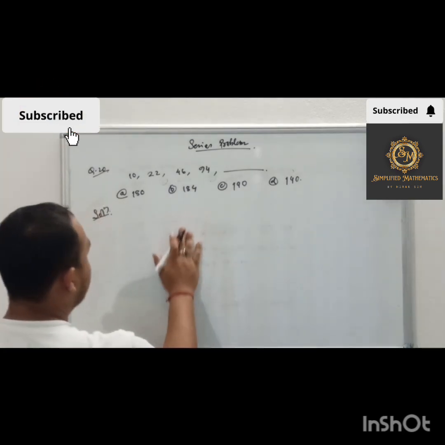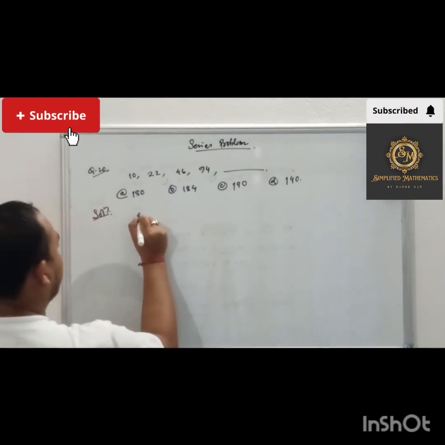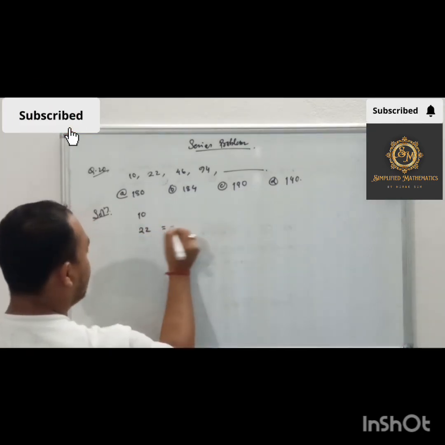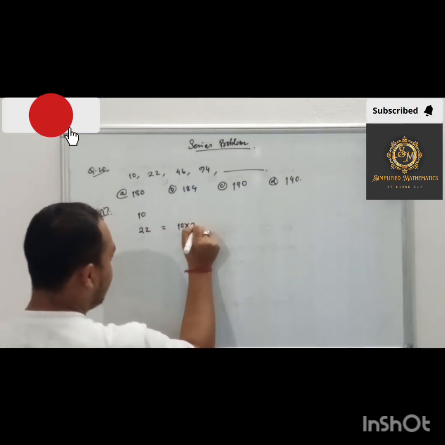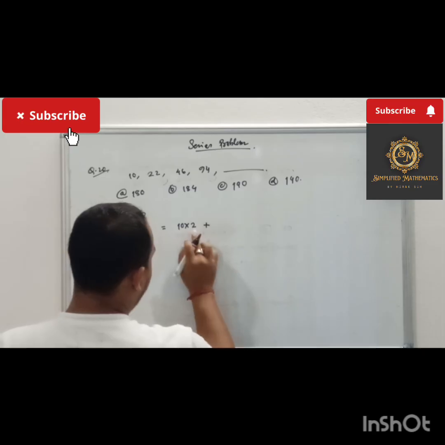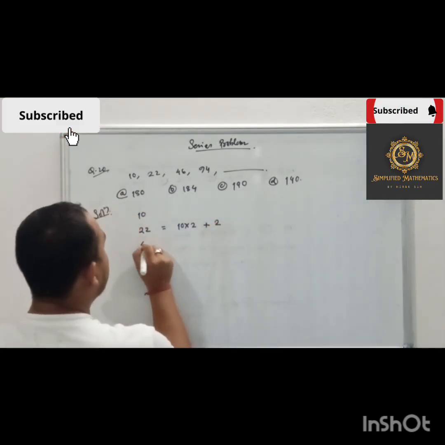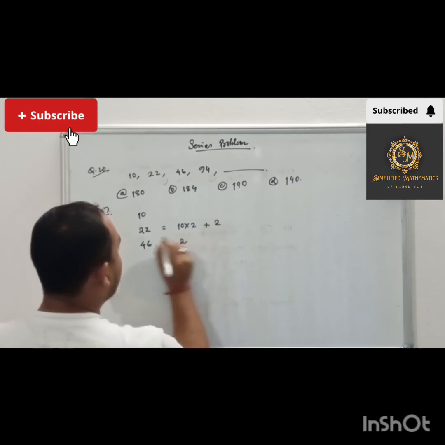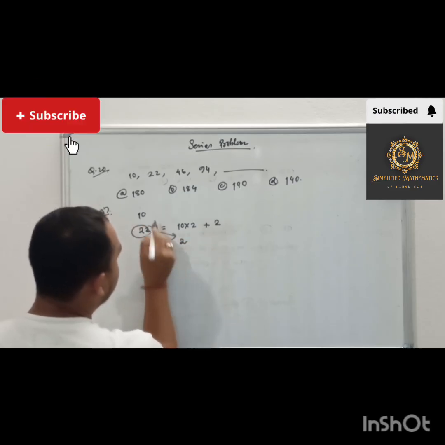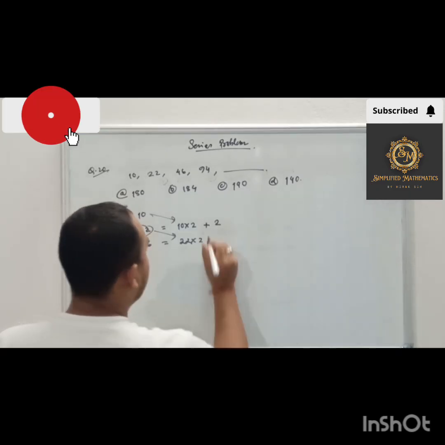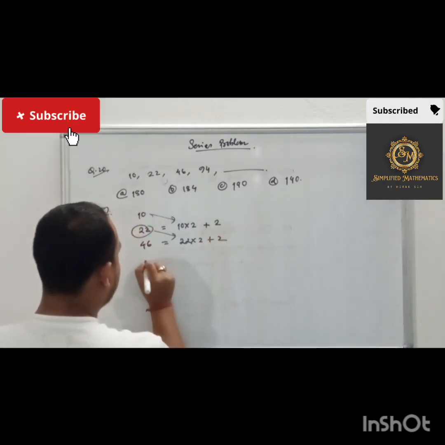So first of all, you will see, okay, first one is 10, 22 is there. Can you write it like this? 10 into 2 is 20, plus 2 is 22. Then 46 is there: the previous number 22 into 2 is 44, plus 2 is 46.